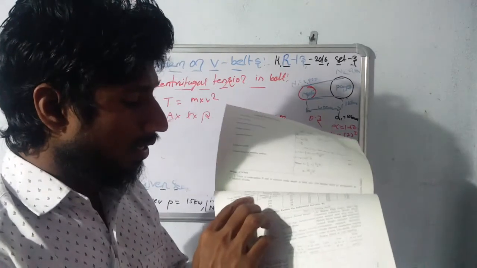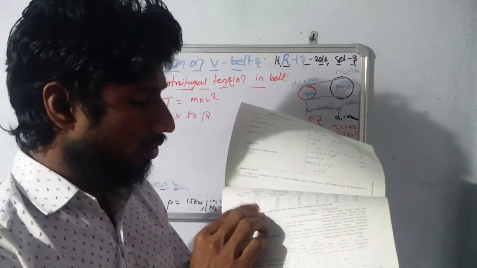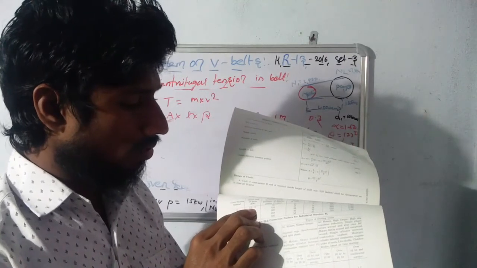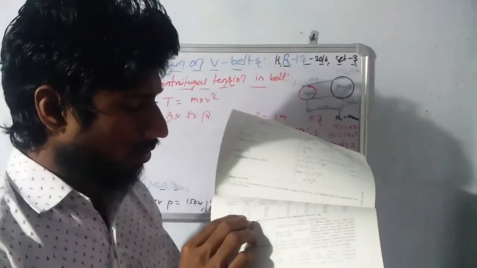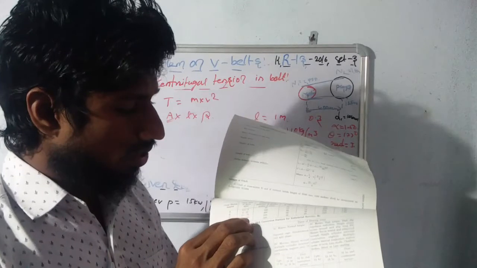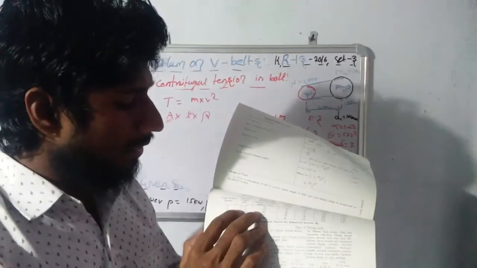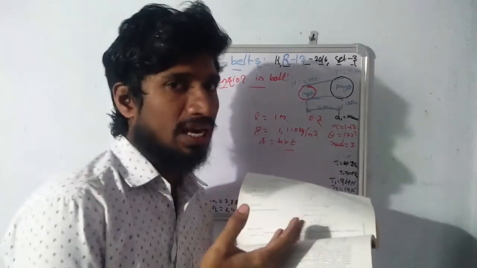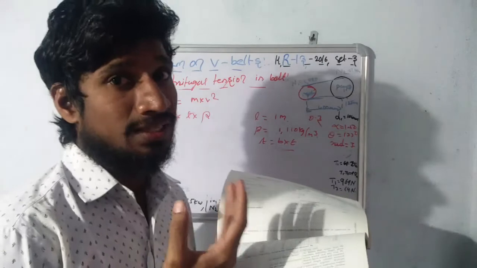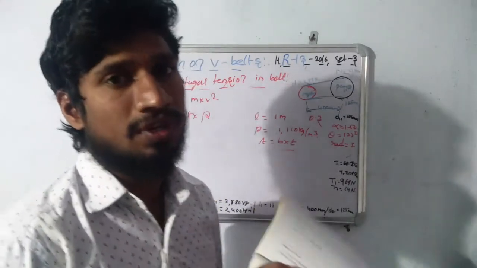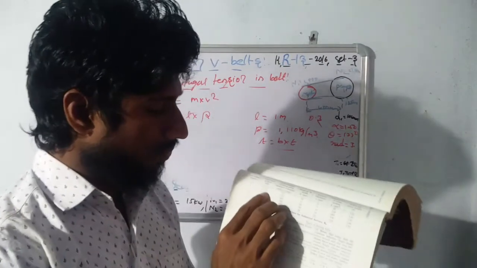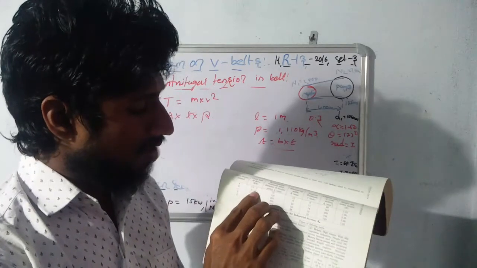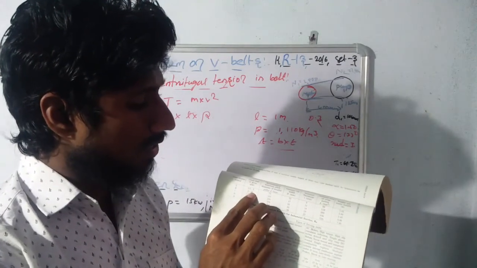Here we have different types of power ranges, 0.5 to 2, 2 to 15, 7.5 to 75. So here I prefer the belt, that means cross section symbol B. Why? Because with the help of our belt drive, it transfers 15 kilowatts power. So that's why here I selected type B, 2 to 15 kilowatts rate.